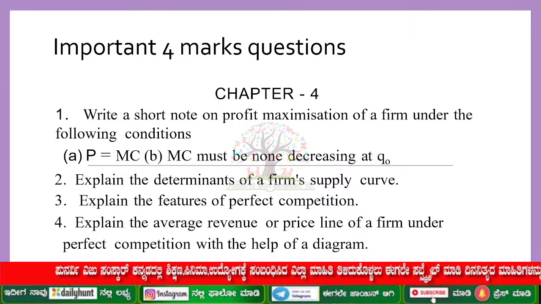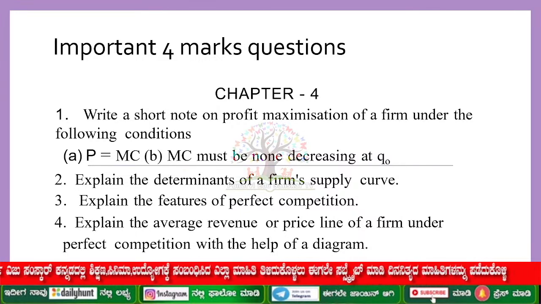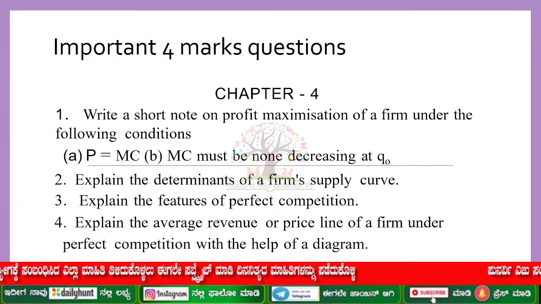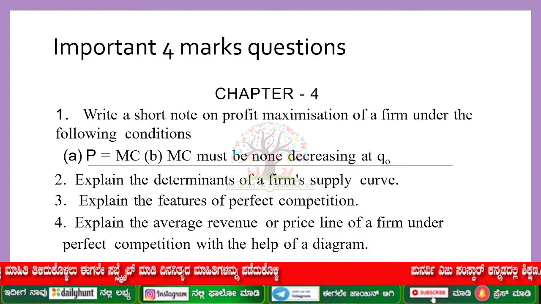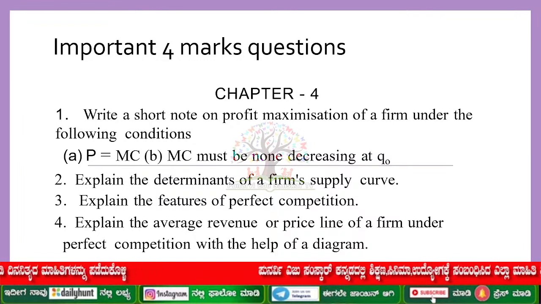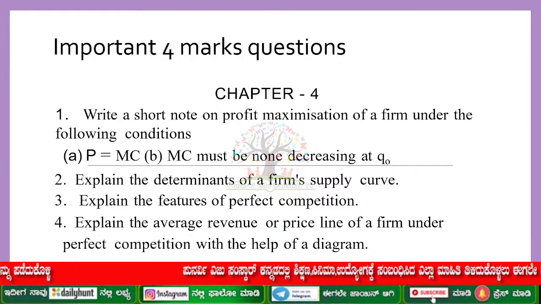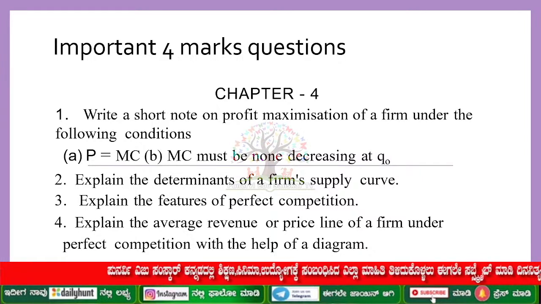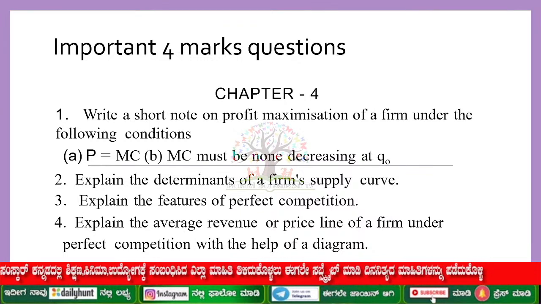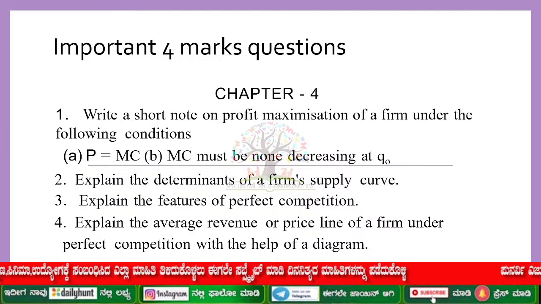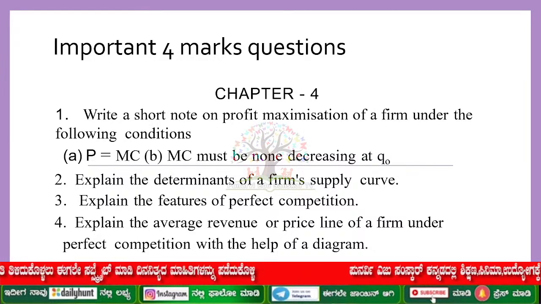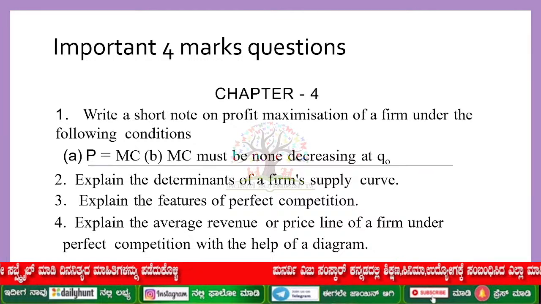Here you can see the questions: profit maximizing condition, where you need to explain 2 conditions, P equal to MC and MC must be non-decreasing; then determinants of firm supply; features of perfect competition; and the average revenue or the price line of a firm under perfect competition with the help of a diagram. Out of these 4, one 4-mark question you need to attend. So prepare these questions properly.